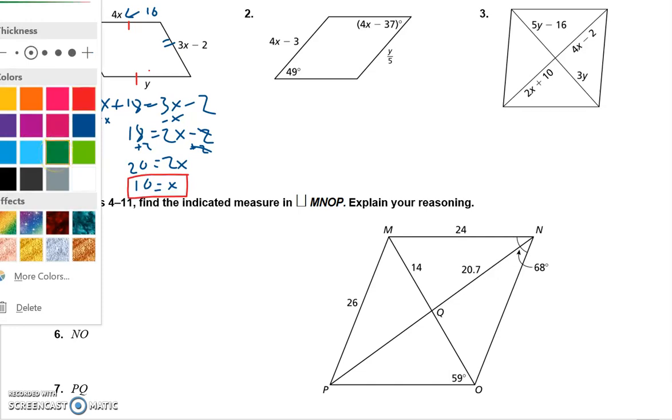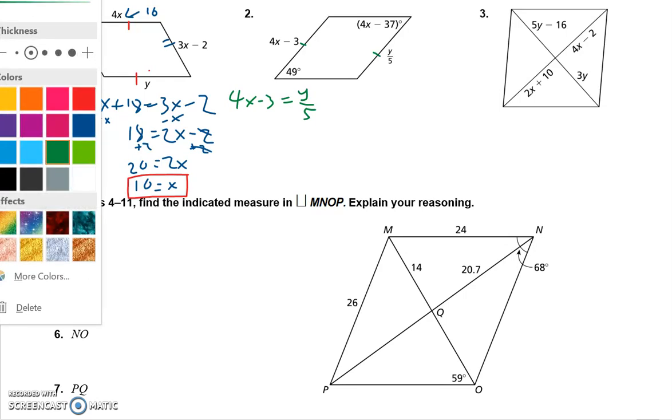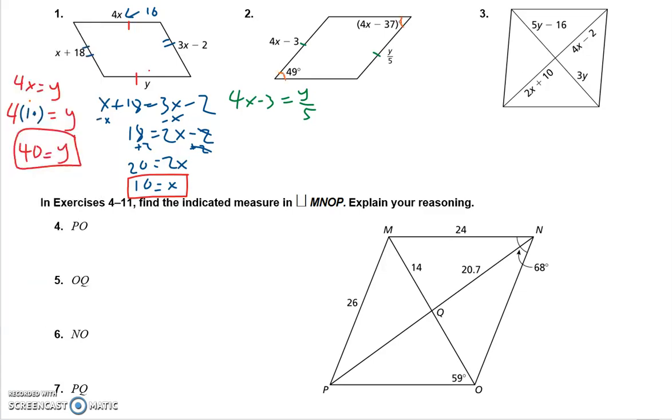Over here, we know these opposite sides are congruent. So let's start with that. 4x minus 3 equals y over 5. Again, you have an equation with two variables, and I can't do anything with that. So I'm just going to leave it there. We know these angles are congruent since they're across from each other. So 49 equals 4x minus 37.